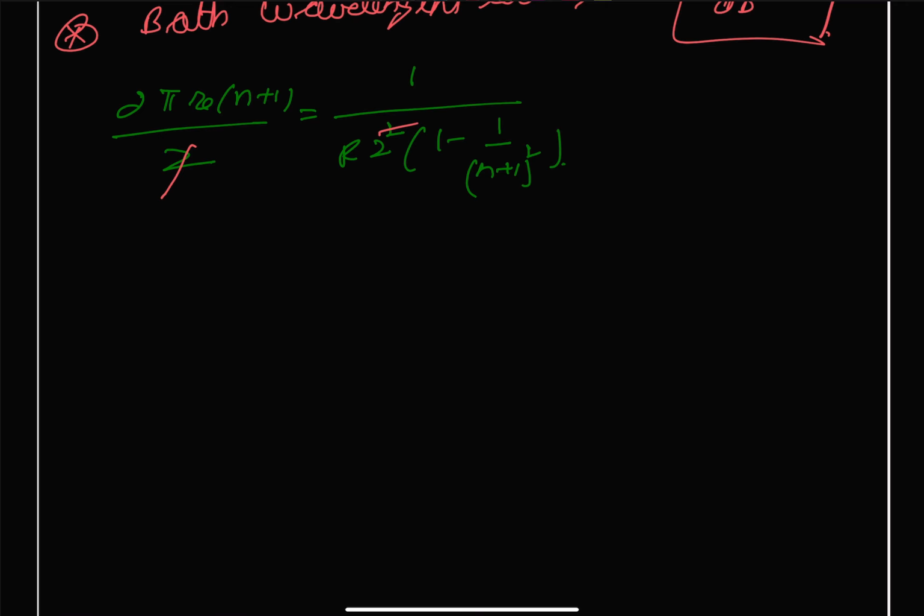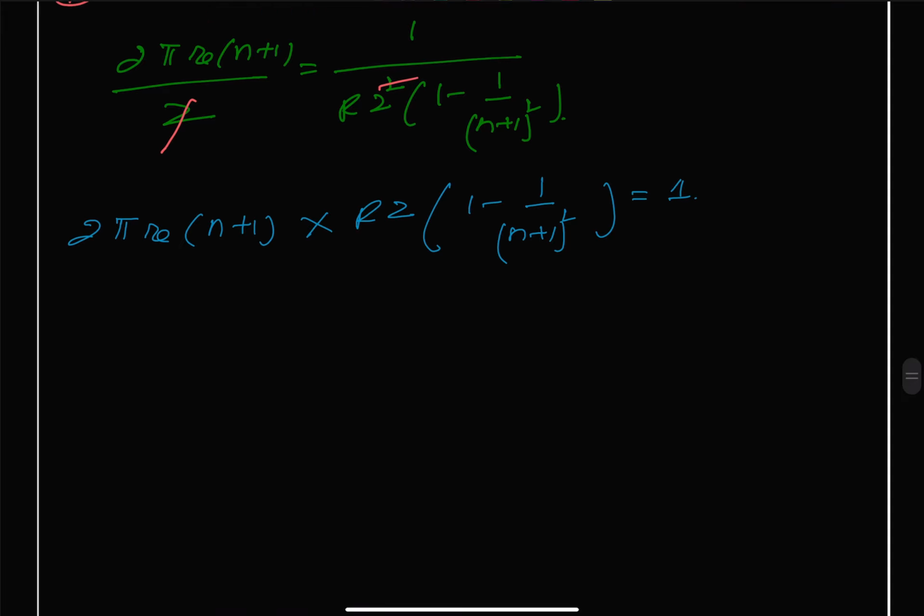So we have 2 pi r naught (n plus 1) multiplied by R z, and (1 minus 1 upon (n plus 1) whole square) is equal to 1. And we need to solve this particular combination, and we can combine this one.